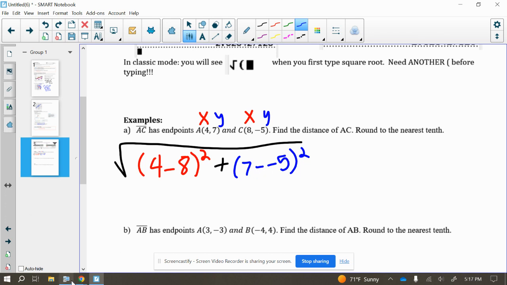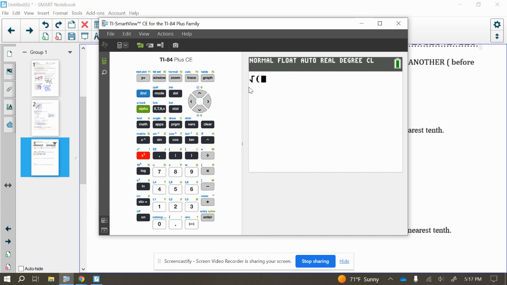Now, when I type this in the calculator so that I do not mess up this square root, what I like to do is I like to type in the information that would be underneath the square root first, and then I type the square root after. So I'm going to take 4 minus 8 quantity squared. And then I'm also going to add that to 7 minus negative 5.